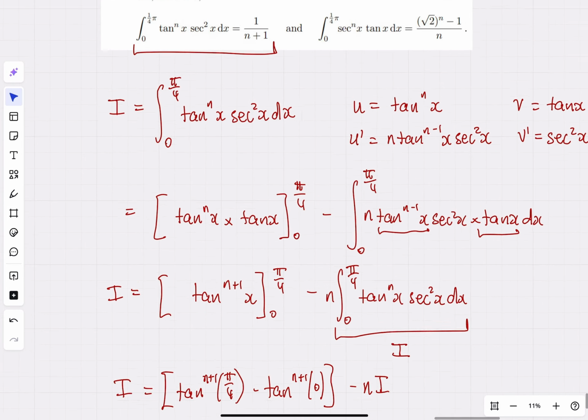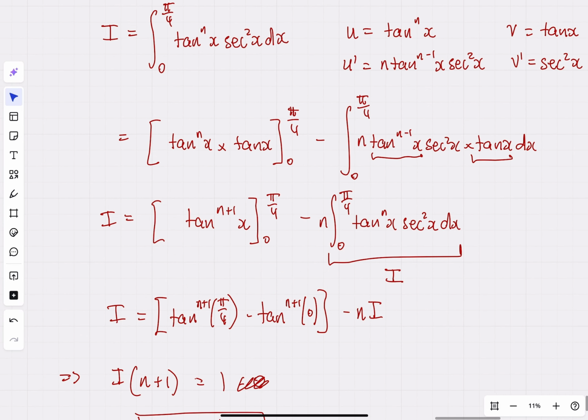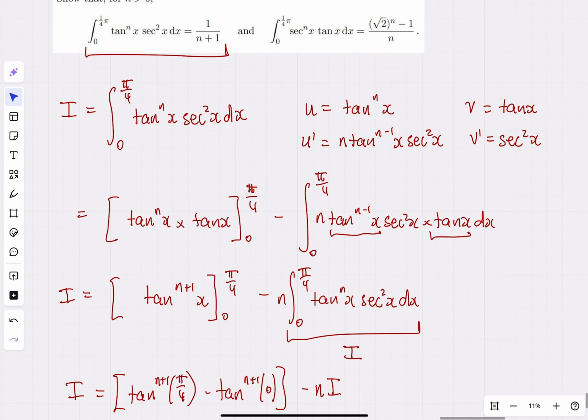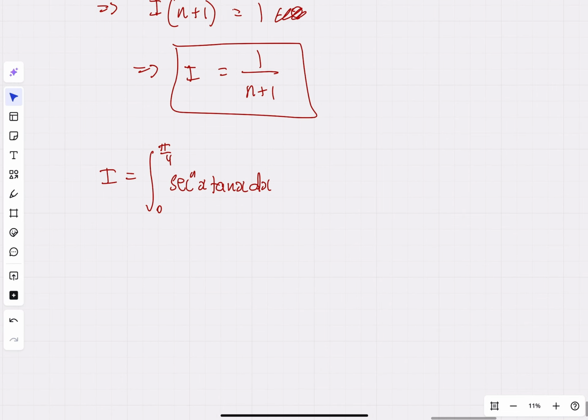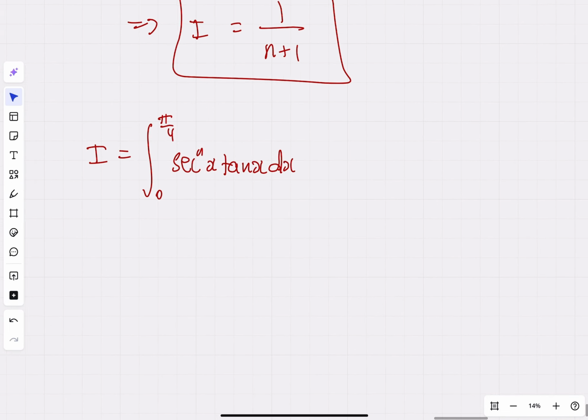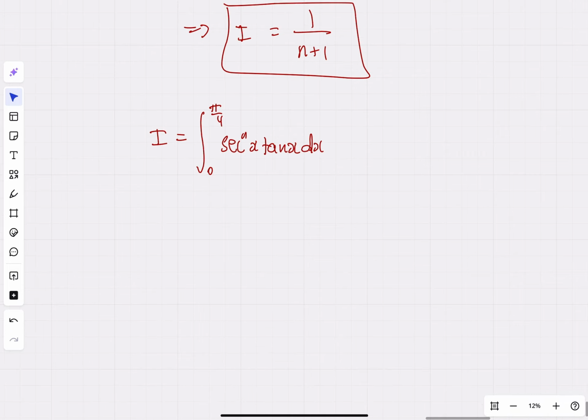Now, let's have a think about why the integration by parts here actually worked, because this is the key to solving this problem. Well, it's because tan x differentiates to sec squared x. But right now I have a sec x. Now sec x doesn't differentiate to tan x, but sec x differentiates to sec x tan x.